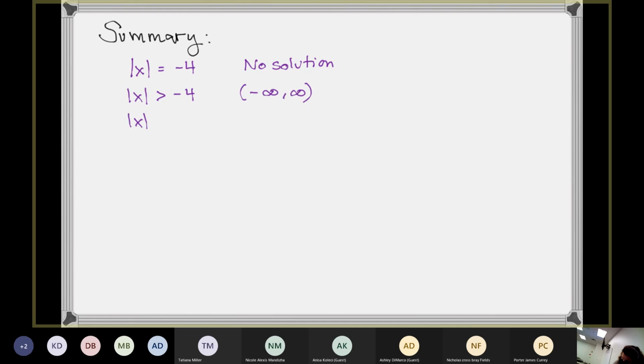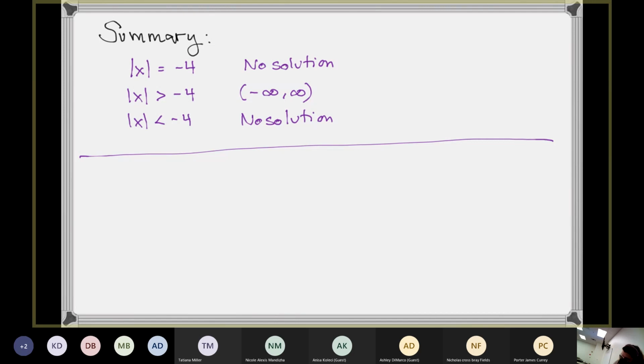The absolute value of x less than negative 4, less than a negative number, is also no solution. So these are our absolute value inequalities when the result on the right-hand side is negative.